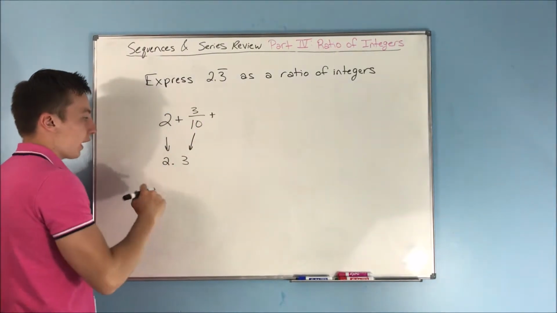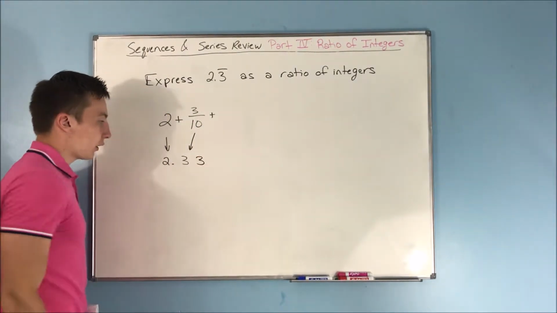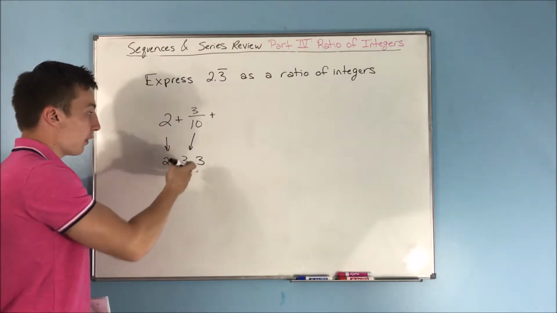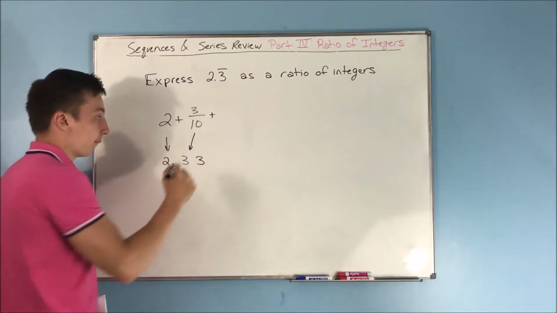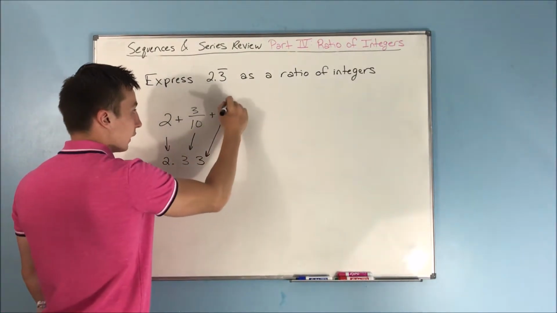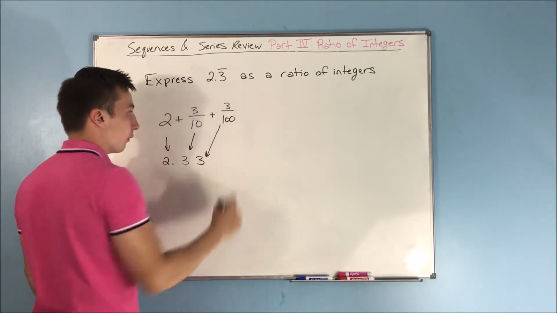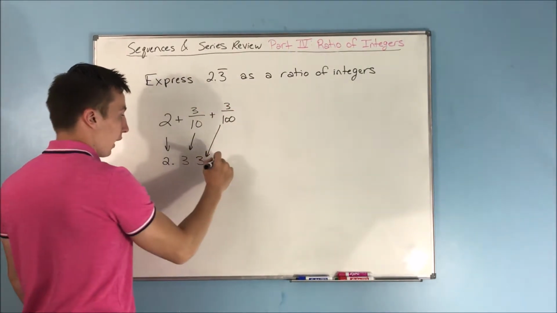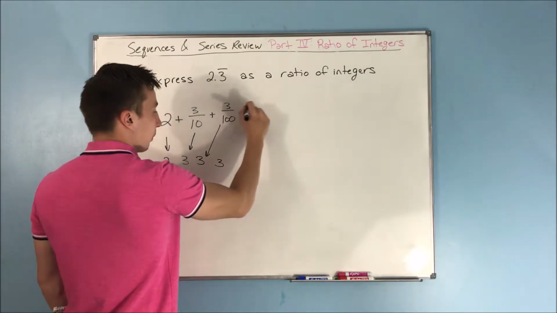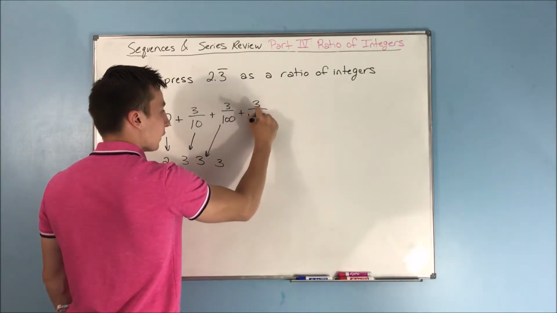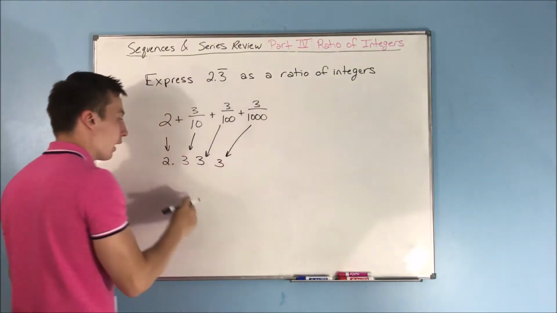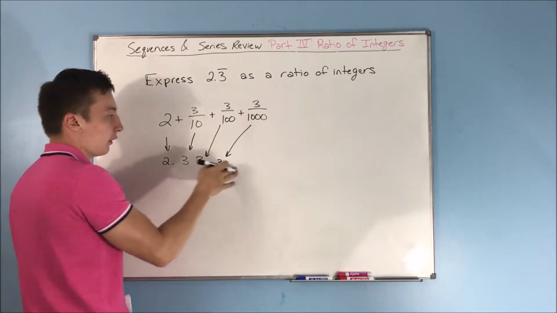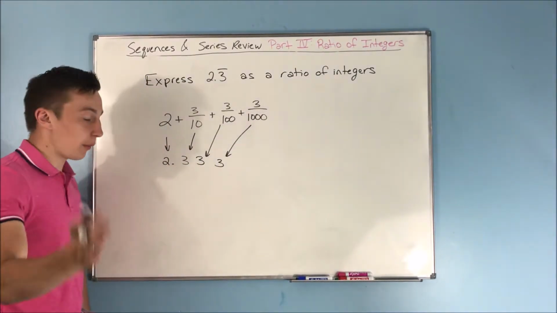What about if we want to add another 3? That's going to be 3/100ths, which is 3 over 100. What about if we want to add another 3? As you probably guessed, that's going to be 3 over 1,000. And now you see we have 2.33333, all repeating.